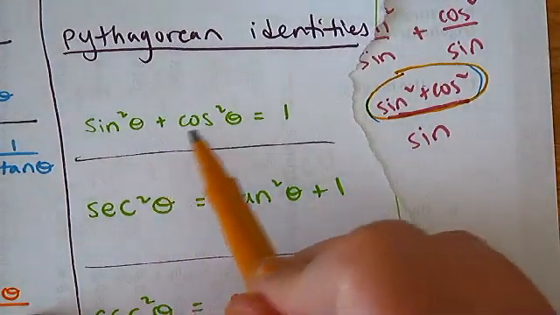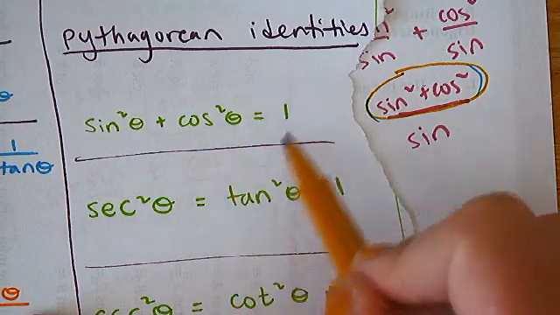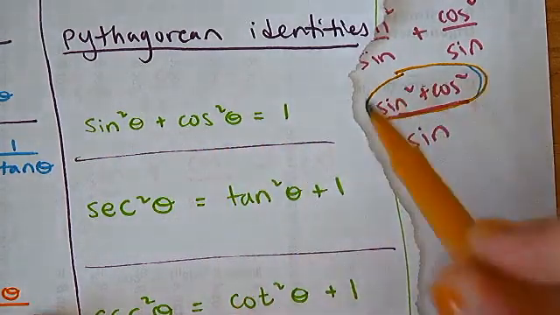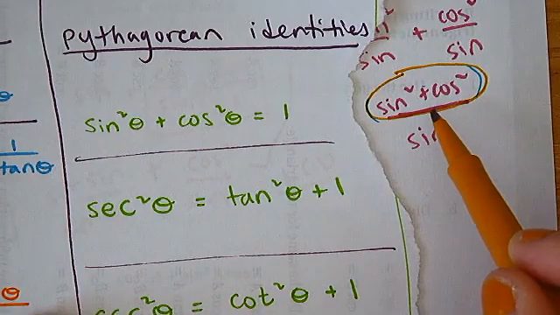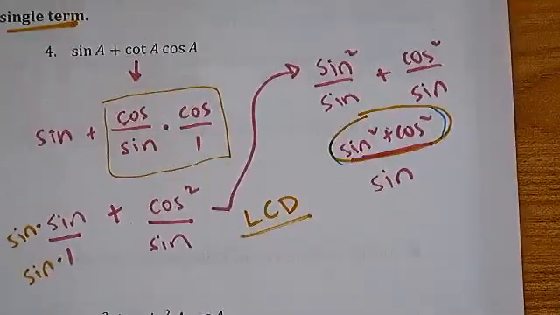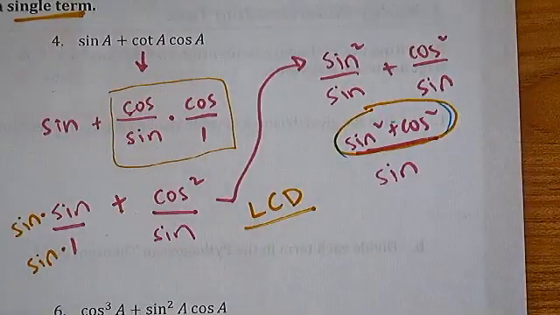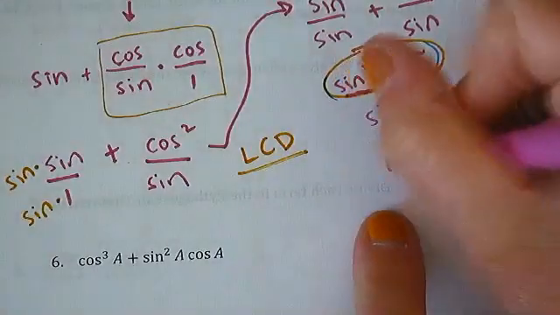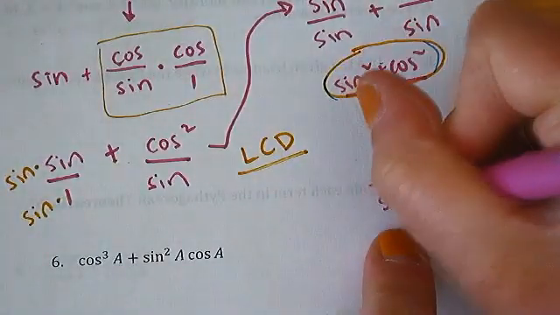What does sine squared plus cosine squared equal? 1. So does that mean that this whole numerator is equal to 1? Yeah. So by substitution, using Pythagorean identities, I can substitute my numerator, sine squared plus cosine squared, for what it equals, which is 1. And it's still divided by sine.